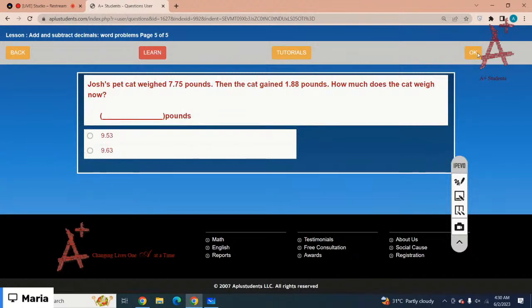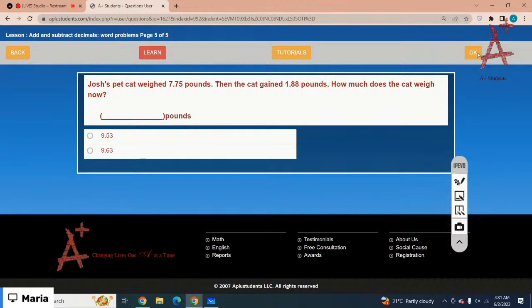Josh's pet cat weighed 7.75 pounds. Then the cat gains 1.88 pounds. How much does the cat weigh now? So which is the correct option? What you have to do, add or subtract? You have to add because the cat gained the weight.